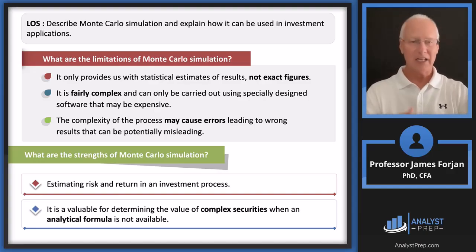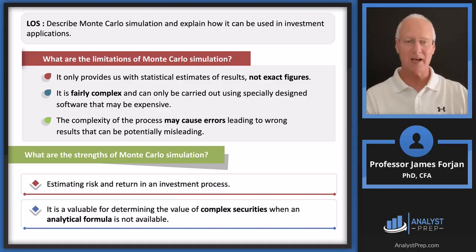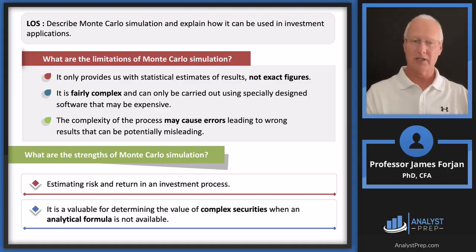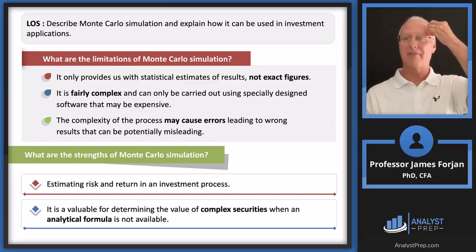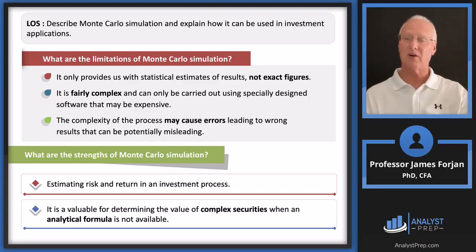However, lots of us, we're learning this in the CFA program, need to understand these impacts of low probability, high consequence events. And so in 2019, somebody should have had that in there. But remember, if you don't put it in the model, it's not going to be in the model, right? So fairly complex, may cause errors, and they're really not exact figures because they are statistical estimates.